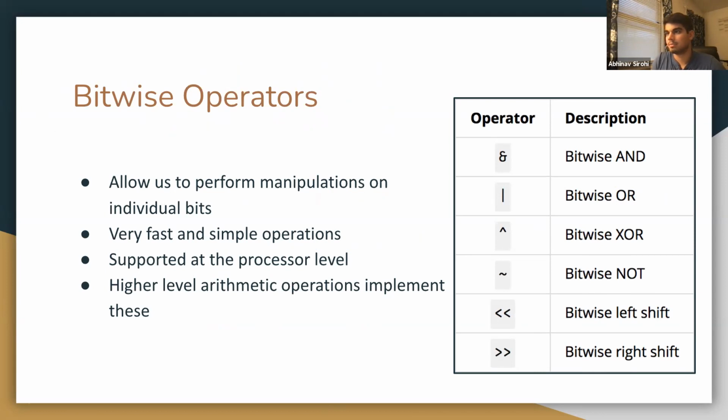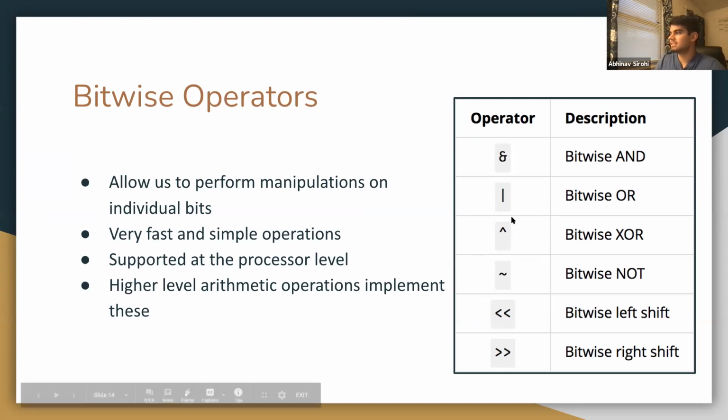The reason that they're fast is that they're supported at the processor level. So all of this happens at a very low level, so it happens very quickly. And higher level arithmetic operations implement these. So all the mathematical operations that we do use bitwise operators in some way.